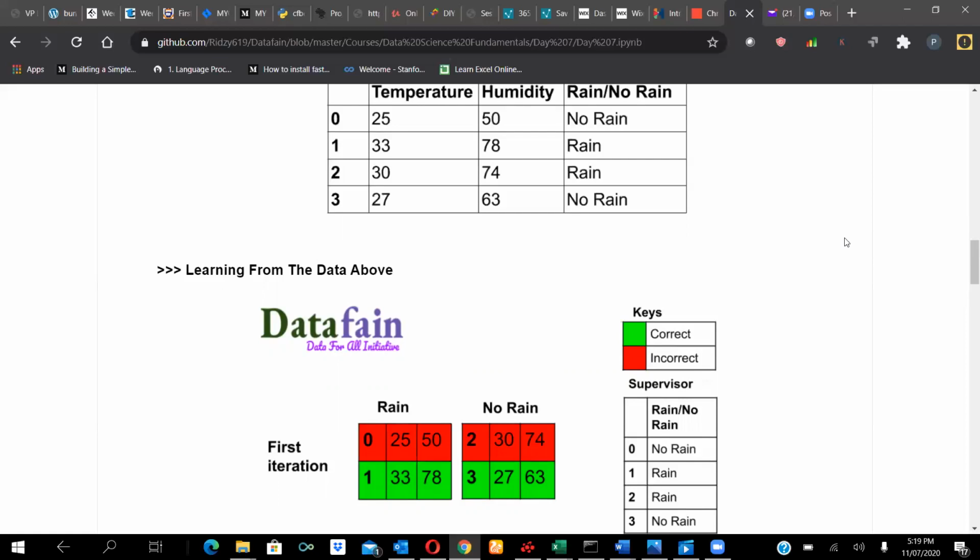You can also see as well the third row, number 2, has 30 and 74 as its figure values under temperature and humidity. And then we've classified it under no rain. Unfortunately, our output has specified that that particular row has an output of rain. Therefore, that is a wrong classification.